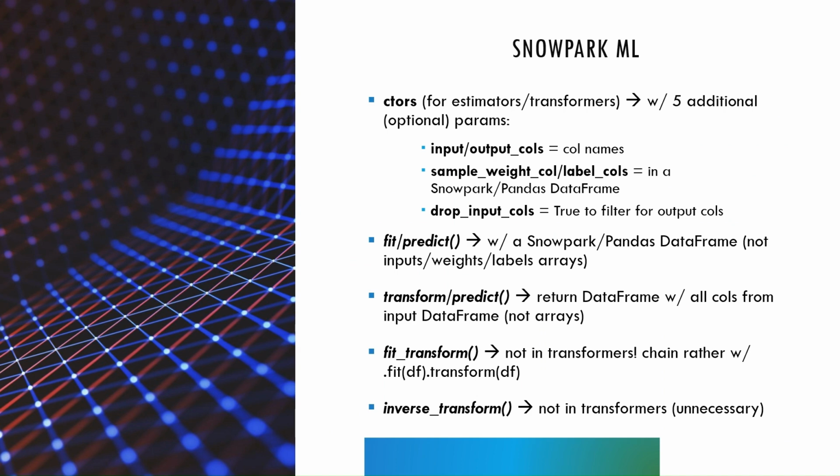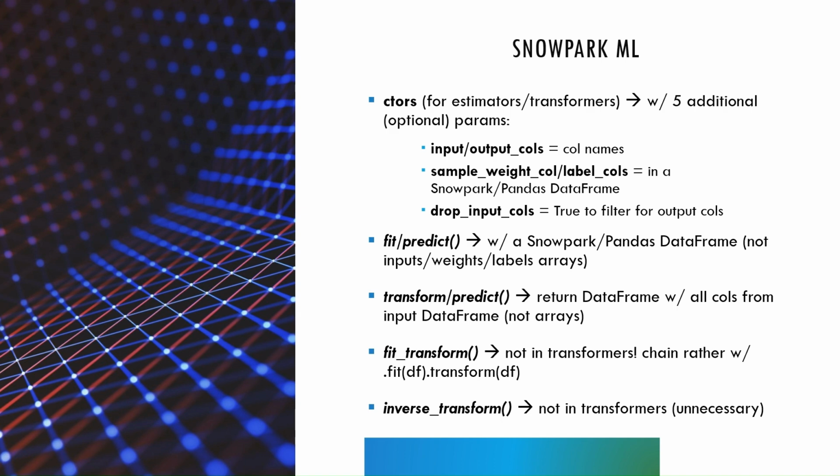Let's see some particular changes in Snowpark ML related to the classes that they implemented from scikit-learn and the other two libraries. They try to keep the same names. They try to keep wrappers around some of them, but there are some differences, and you'll see.